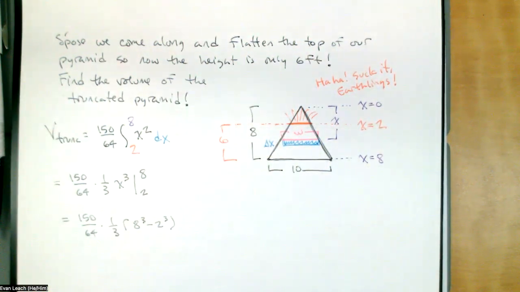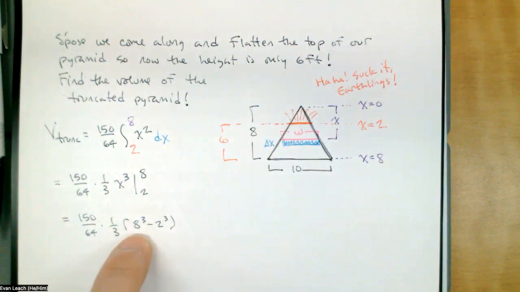And yeah, we're doing the same thing here. Of course, all we do is take the whole thing and subtract off the piece we're getting rid of to find out what's left. That's exactly what we're doing here. We're taking the pyramid with a height of 8 and subtracting off the pyramid with a height of 2.